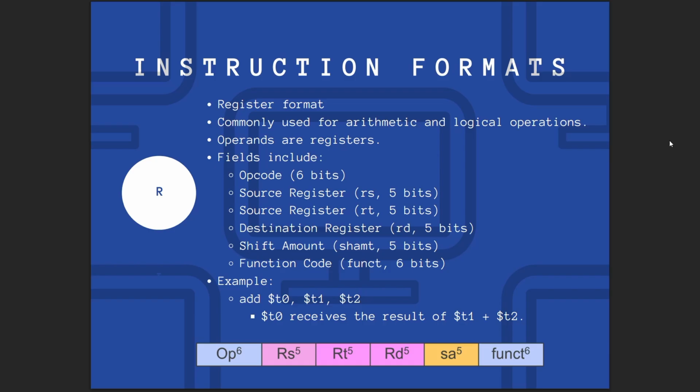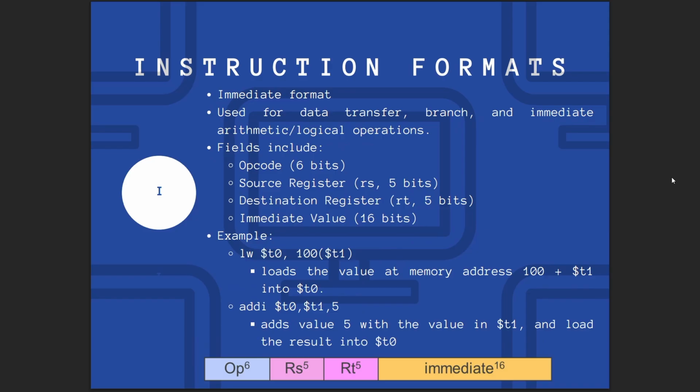This instruction adds the values in registers $t1 and $t2 and stores the result in $t0. The RS field would contain the number for $t1, RT for $t2, and RD for $t0. The opcode would be 0 and the func field would contain the code for the add operation. This consistent format makes decoding simple and fast, which is a key RISC principle.